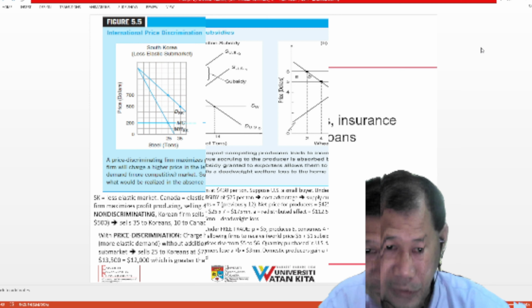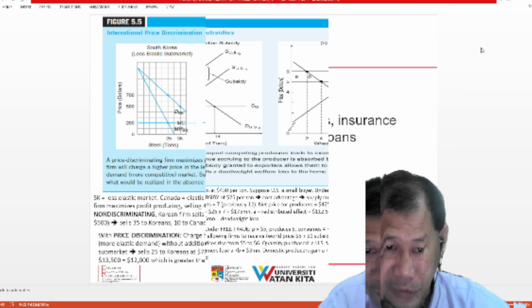The 500 line intersects demand in the Korean sub-market, so the company sells 35 units to Korean buyers, and it intersects in the sub-market of Canada, where it sells 10 units to Canadians.